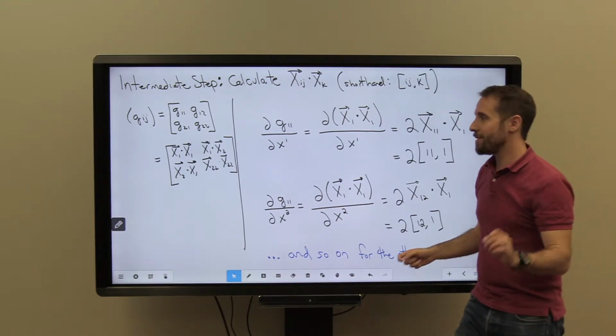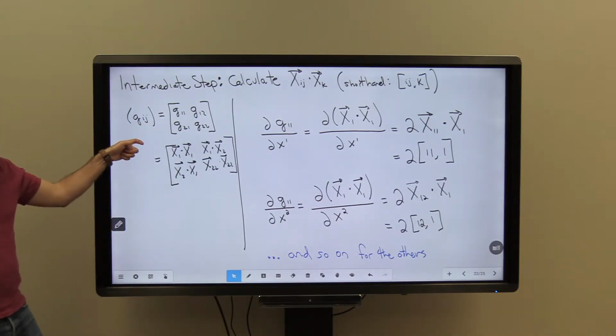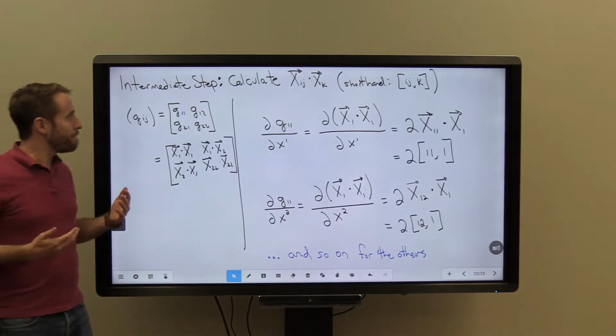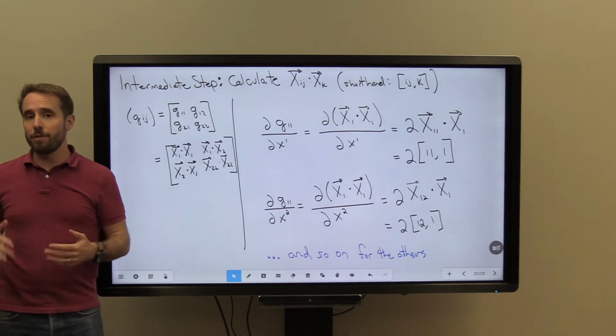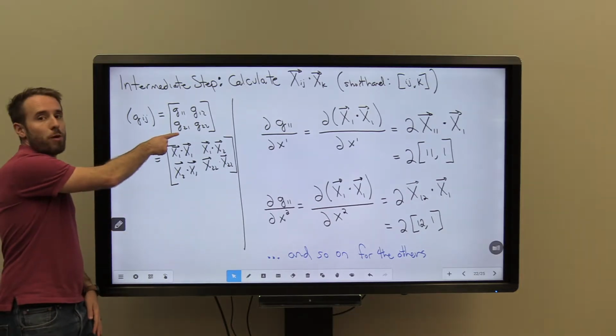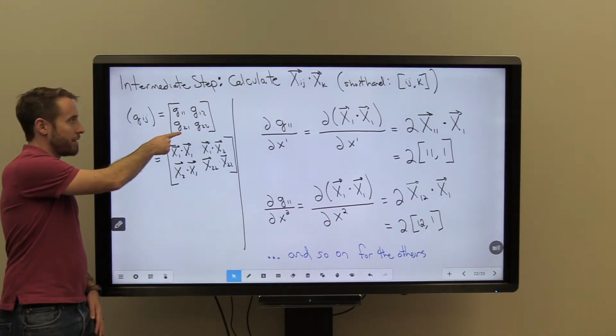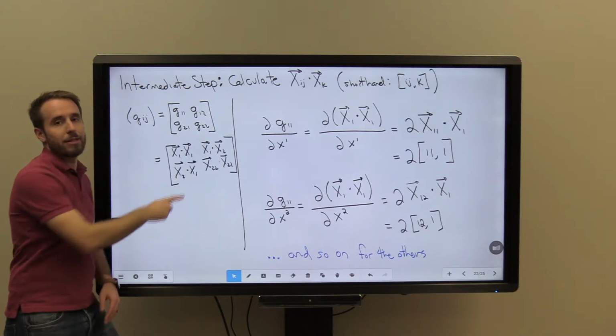And so here's how I'm going to do this, right? Let's jump over here. The first fundamental form is this matrix, the Gij's, but each of these is itself a dot product of first derivatives of x. So to pick one at random, the G21 entry is really x sub 2 dotted with x sub 1.